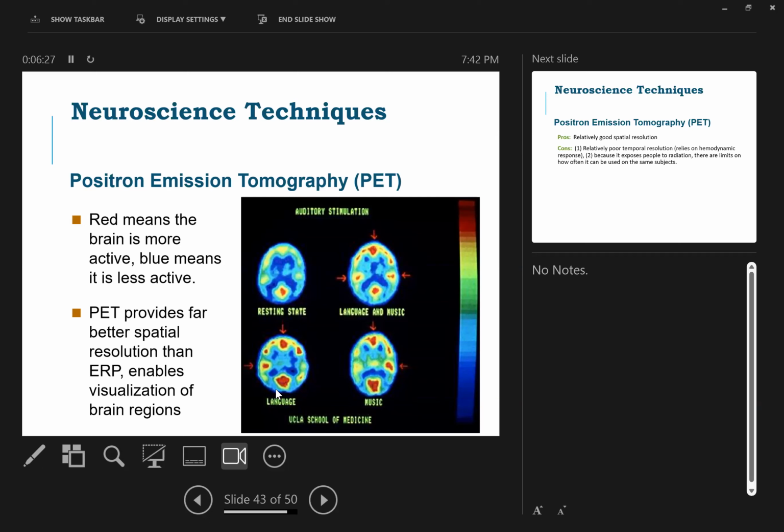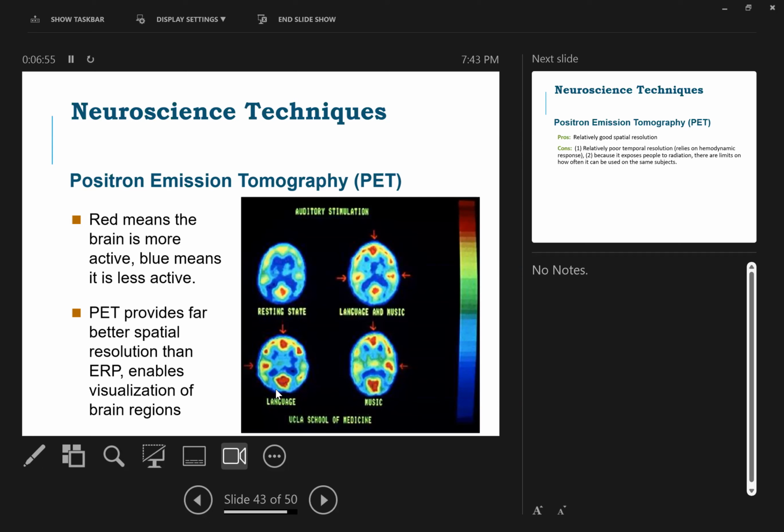But you could see something about these methods that is different from, let's say, single cell neurophysiology. It gives you an idea of the entire brain. What's the entire brain doing? So it gives you a better spatial resolution, and you could visualize. When I say better spatial resolution, I mean that the activity is not averaged out across many cells and many brain areas.